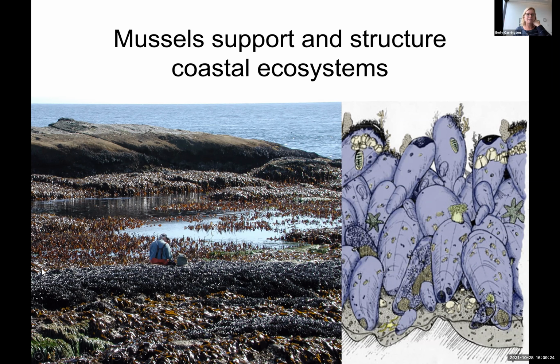Mussels dominate this mid-intertidal zone, and people like Bob Paine, that you can see sitting here on this mussel bed, spent a career explaining to us how mussels can structure ecological communities. So one of the reasons that they do that is that they're able to dominate space. They're able to exclude many species, and they're also able to provide habitat for a lot of smaller organisms as well.